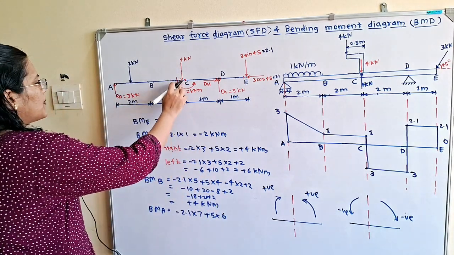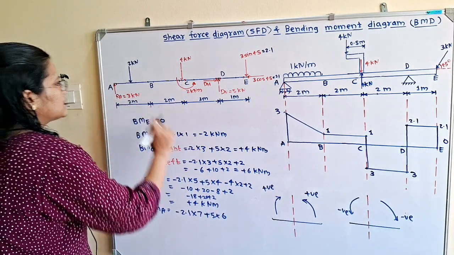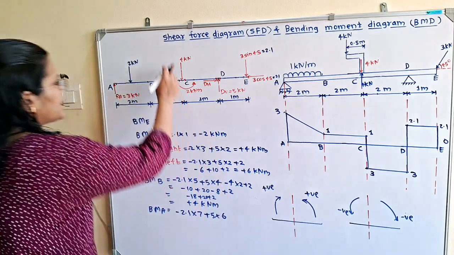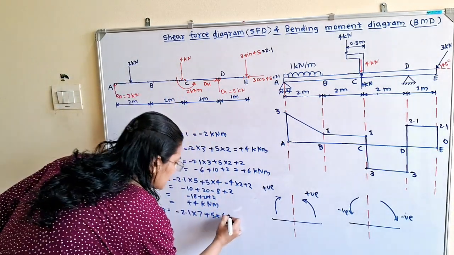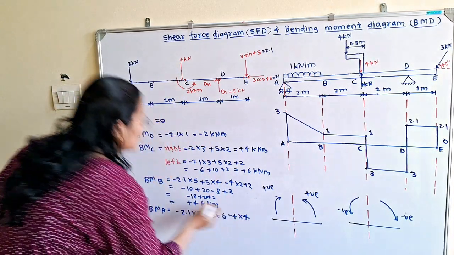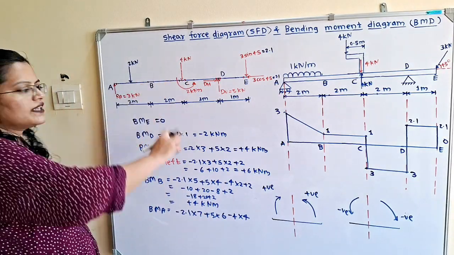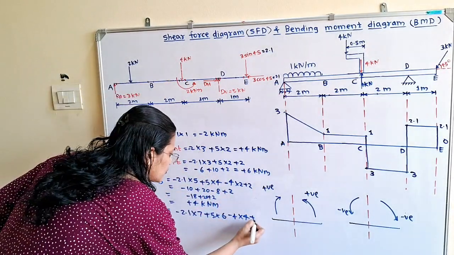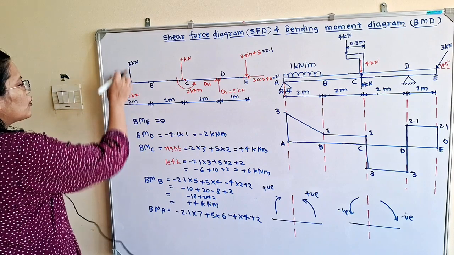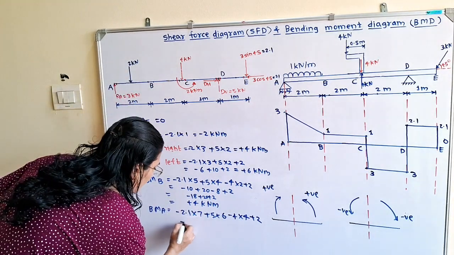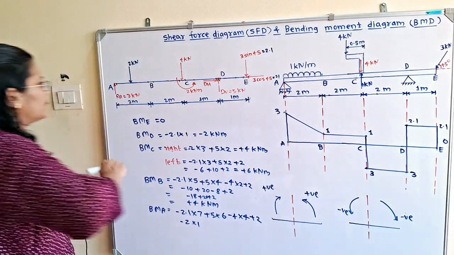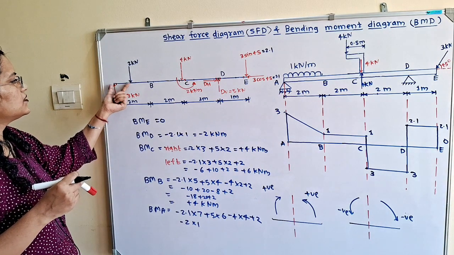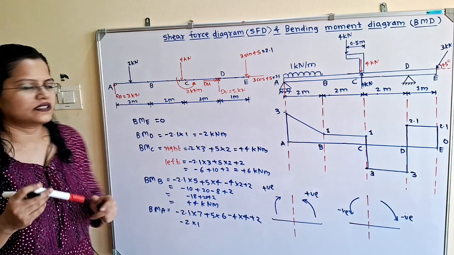Then here plus 4 multiplied by this distance 4. Sorry, here is clockwise direction, so minus 4 multiplied by 4. Then this couple is in anti-clockwise direction, so plus 2, and this 2 kilonewton is in clockwise direction, so minus 2 multiplied by 1. So this distance is 1, so we have to calculate this.